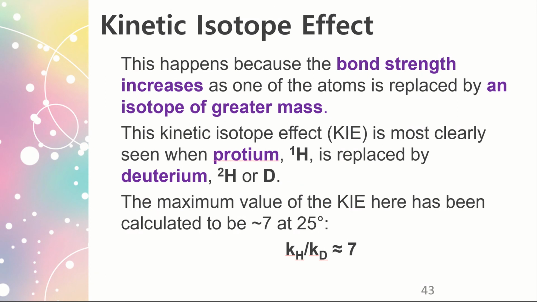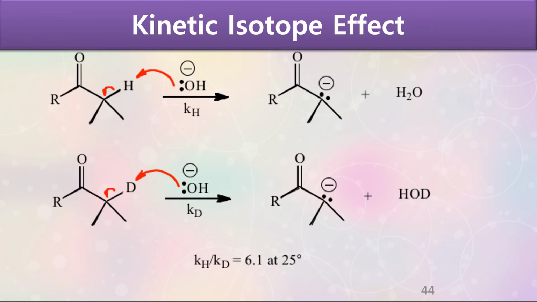All right, so let's look at this reaction here. Here we have a base abstracting a proton to form a carbanion, and I'm sure we've seen a similar reaction to this already. So the rate constant of this would be Kh.